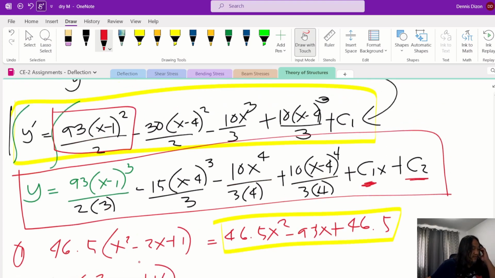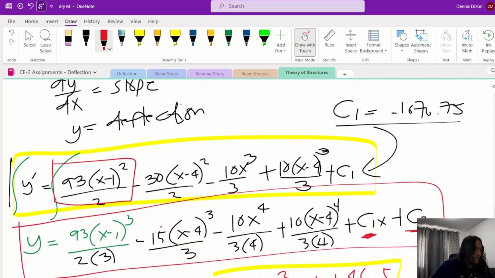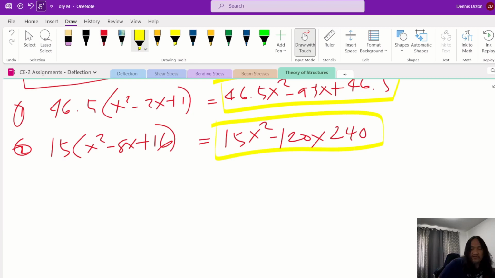Simplify that again. So this will become 15x squared, then 15 times 8 is 120, so minus 120x. And then 15 times 16 is 240. So this is our second term.